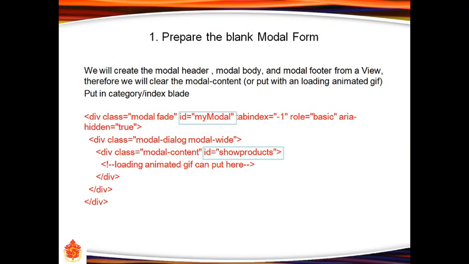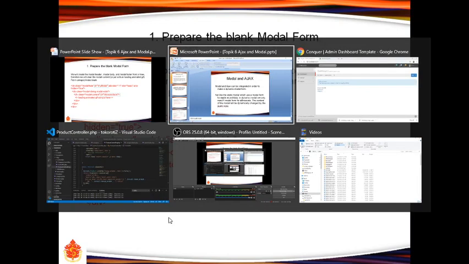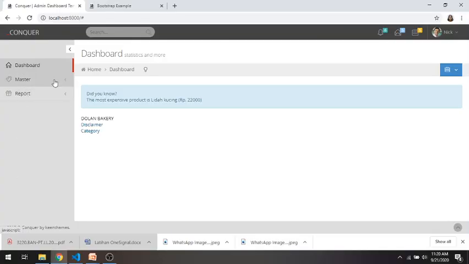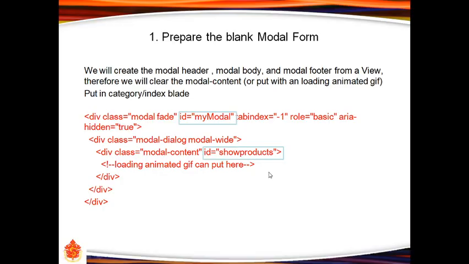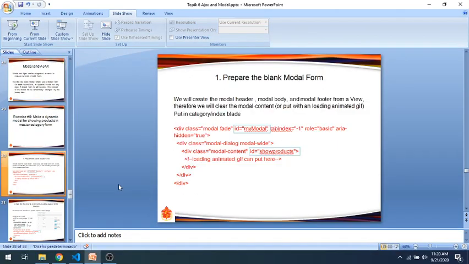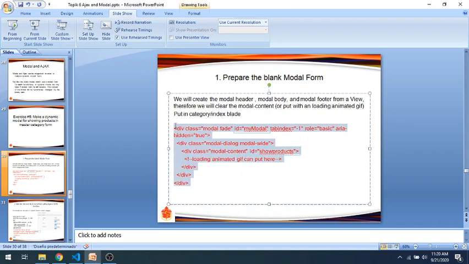Okay, we will put this exercise in category. Maybe we put some button here, and after we click, there is the product of this category. So we put the modal in the category index.